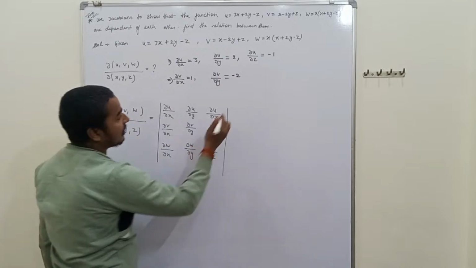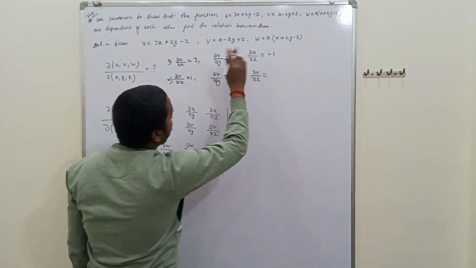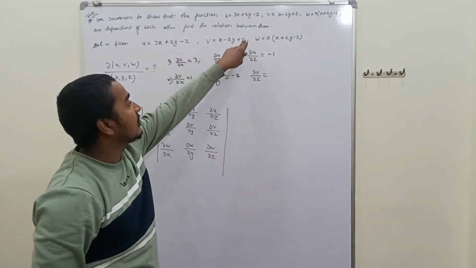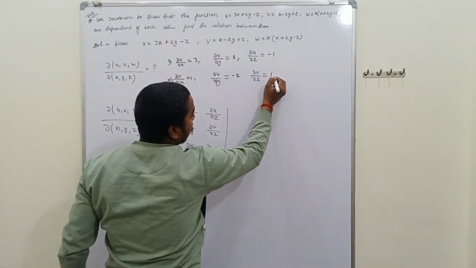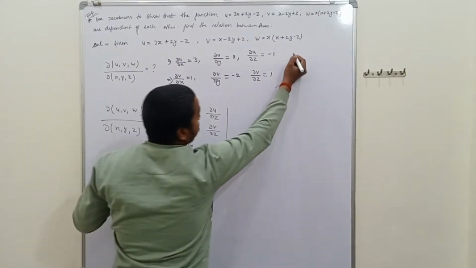Further, del v upon del z: v partially differentiating with respect to z, here z, that is 1.